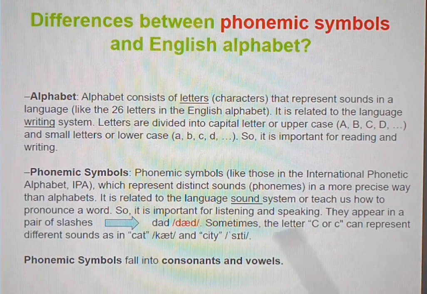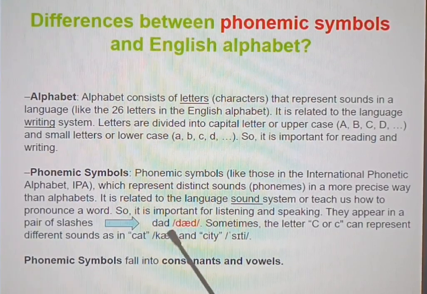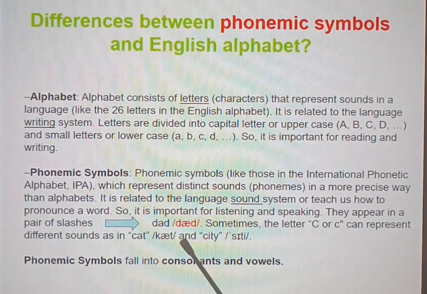They appear in a pair of slashes. As you can see, this is an example I gave you, dad, then there's a slash, and then you see this symbol which represents the D sound. Normally, I don't call it D, you see?